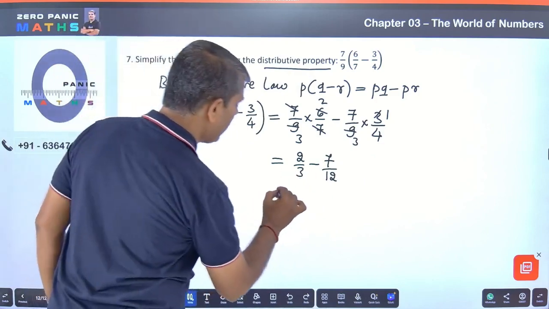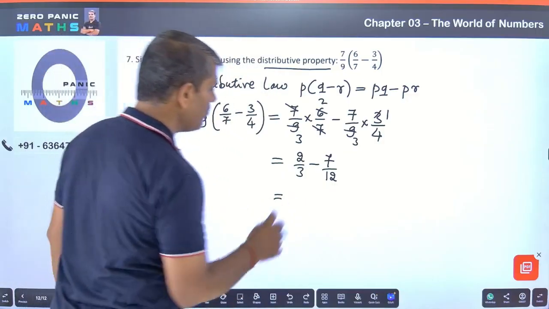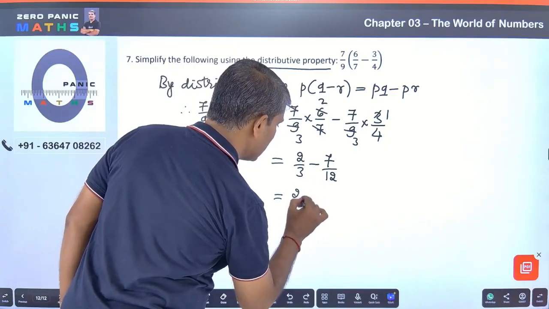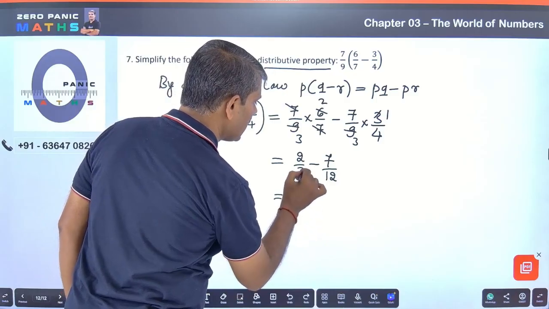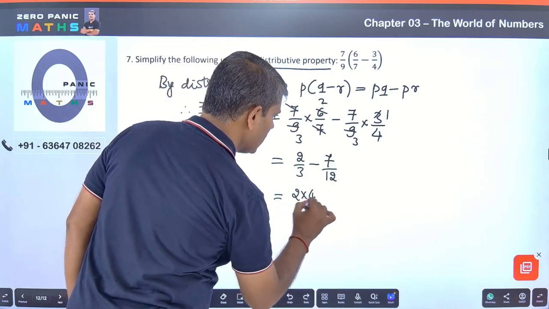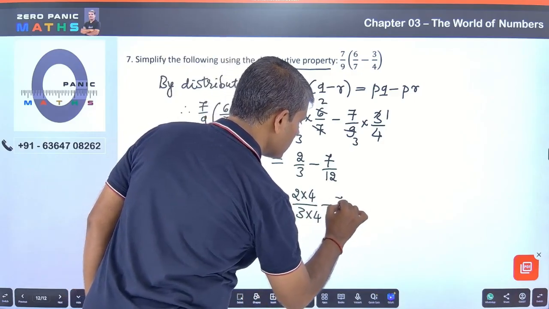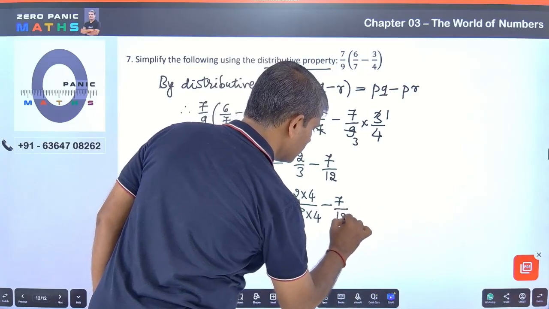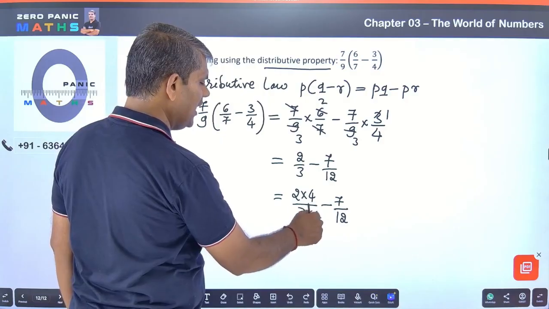Now it is reduced to a difference of two fractions. So how do I have to reduce? By the law of subtraction or the law of difference. I have to make both denominators equal, so I have to multiply by 4 and divide by 4. So it is 7 by 12 again. Keeping the 12 here, I am making the denominator 3 as 12.